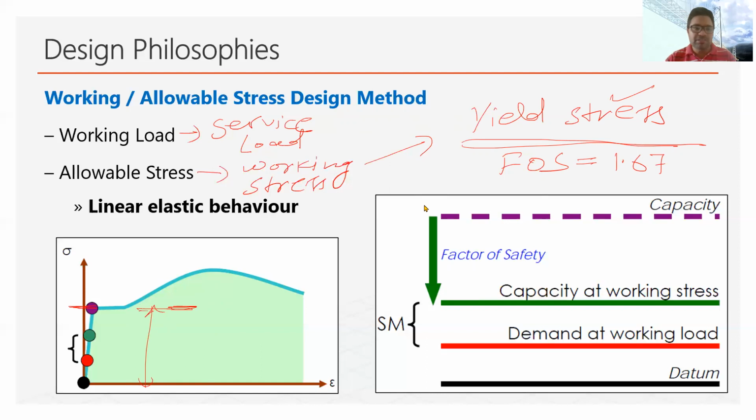Similarly, the yield stress for mild steel, which we generally use in steel structures, is 250. So if we divide and calculate the value, we will be able to find out the working stress of the steel. So this is the concept that we use in the working stress method.